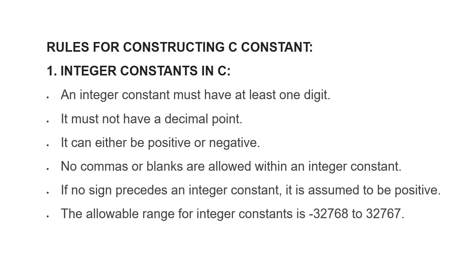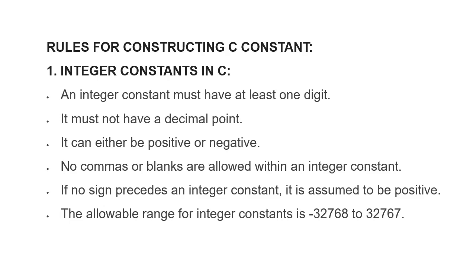No commas or blanks are allowed within an integer constant. While writing an integer constant, there should not be any commas, blank spaces, tabs, or white space. If no sign precedes an integer constant, it is assumed to be positive, automatically considered as a positive constant.